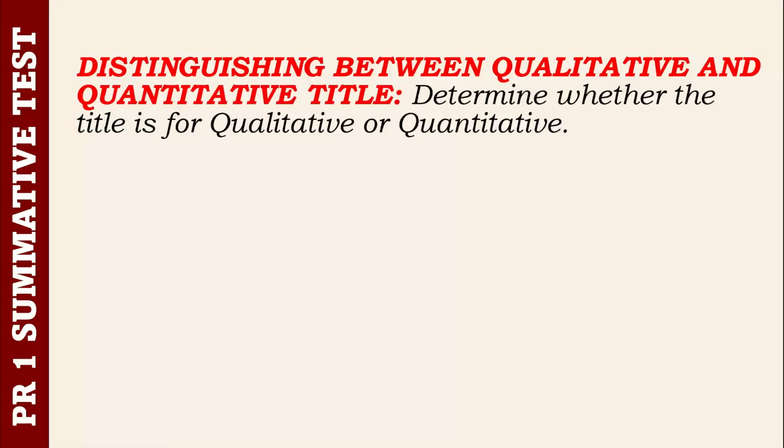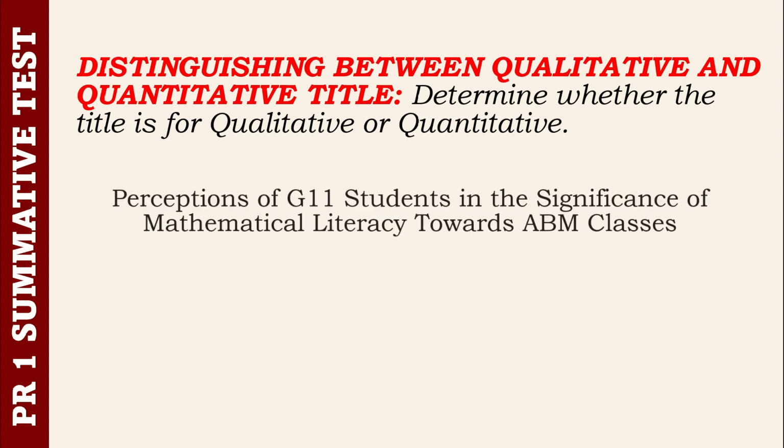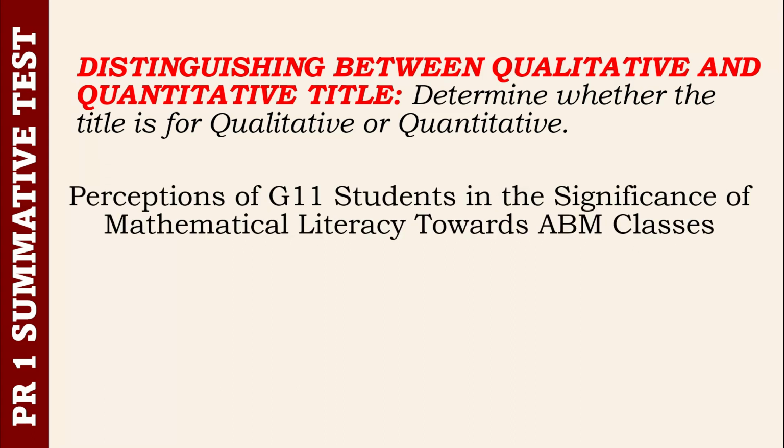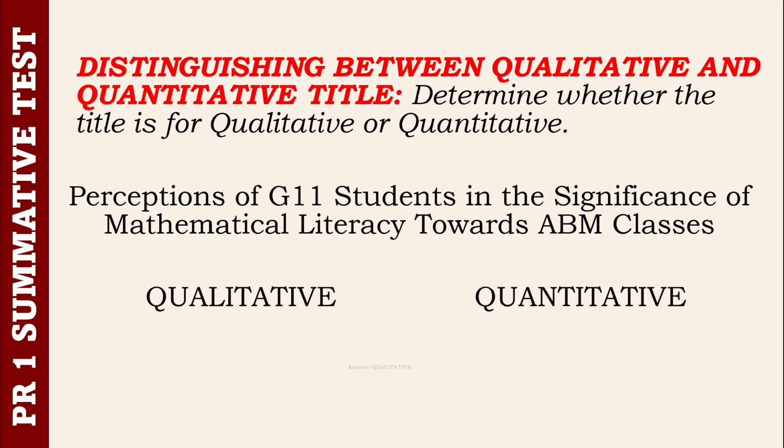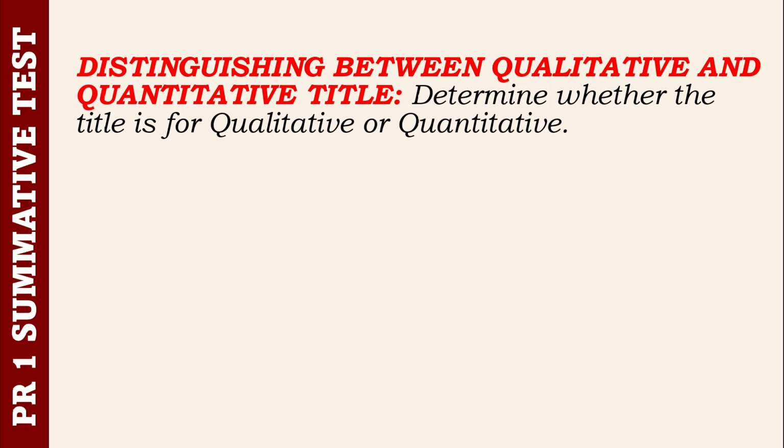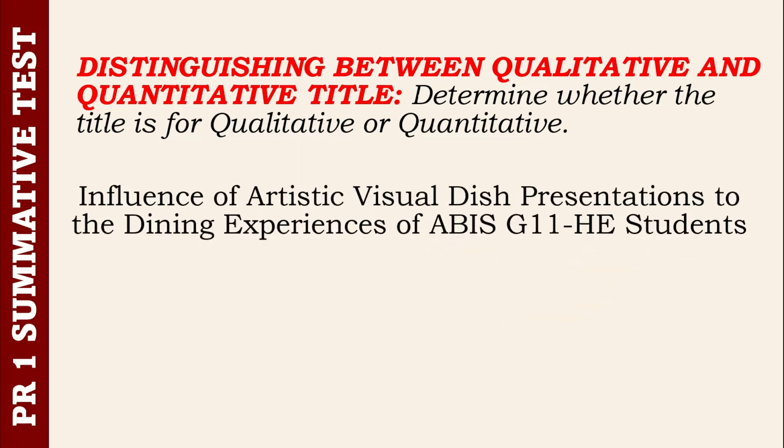Next is perceptions of grade 11 students in the significance of mathematical literacy towards ABM classes. We have there the word perceptions, so we're going to get the opinions and beliefs of our respondents. The answer is qualitative. Our next research title is Influence of Artistic Visual Dish Presentations to the Dining Experiences of ABBY's Grade 11 HE Students.